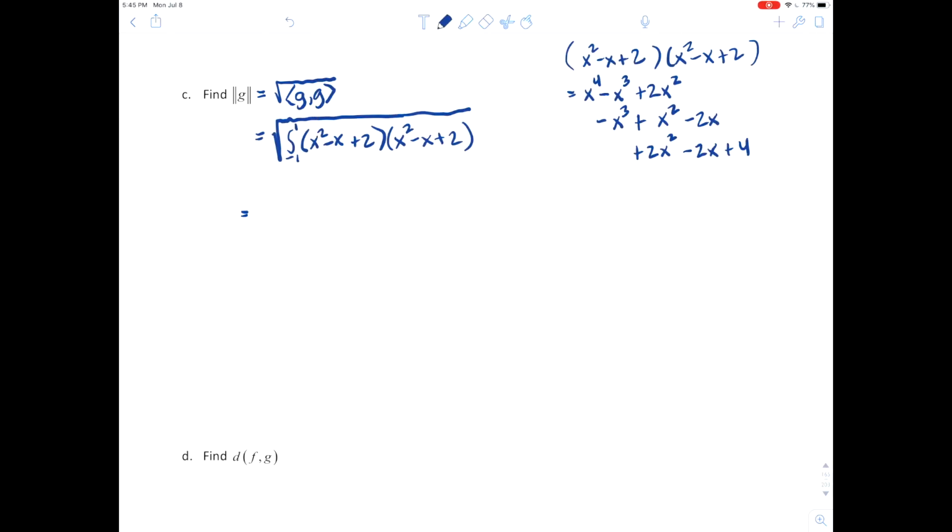So we'll have, once we combine everything, the integral from -1 to 1 of the quantity x to the 4th minus 2x cubed plus 5x squared minus 4x plus 4.